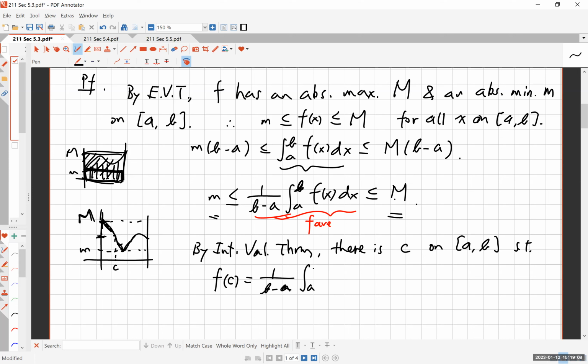That is what the statement of the proof indicates. So there is a point c so that f of c is the average value of f on [a, b]. And that completes the proof of this statement.